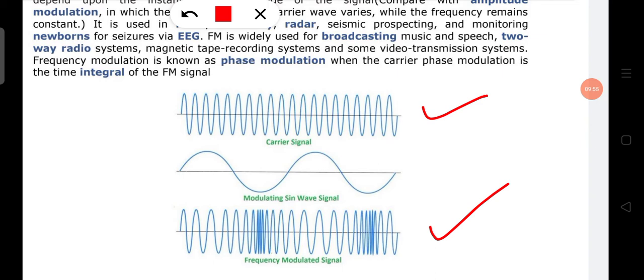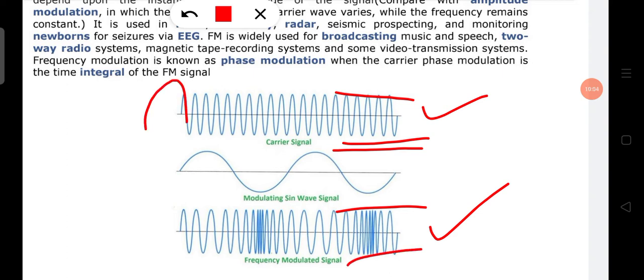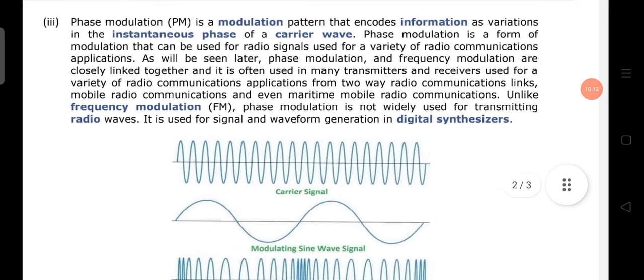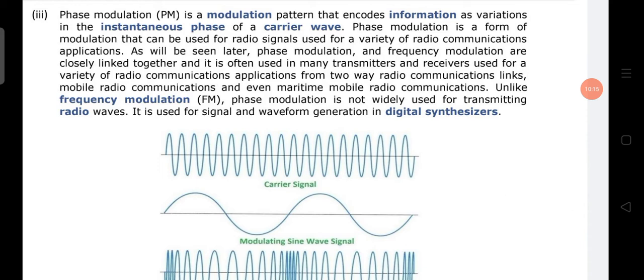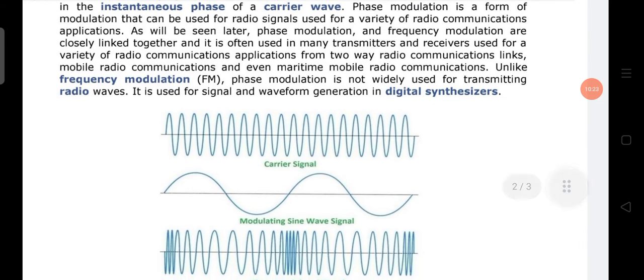Other than the phase, the frequency and amplitude don't change. The amplitude is the same, and the frequency is the same. Let's see how phase modulation works.